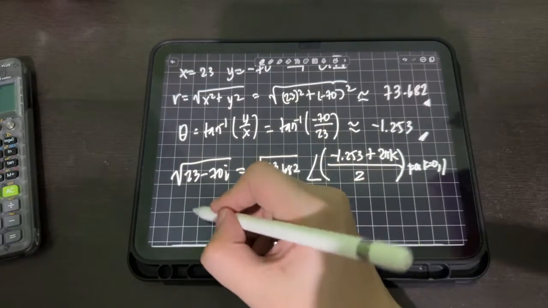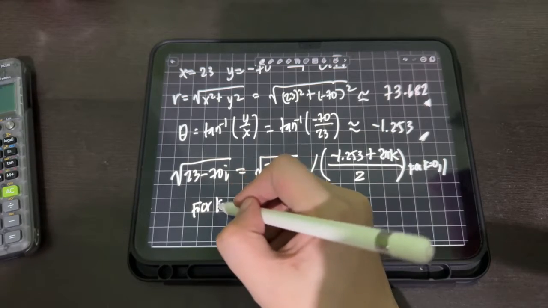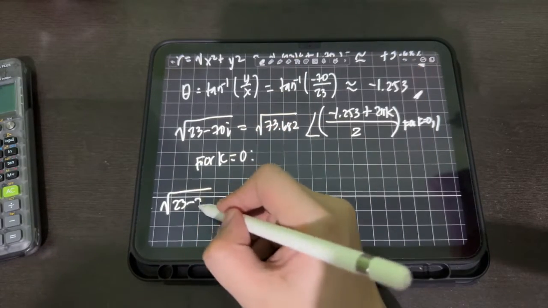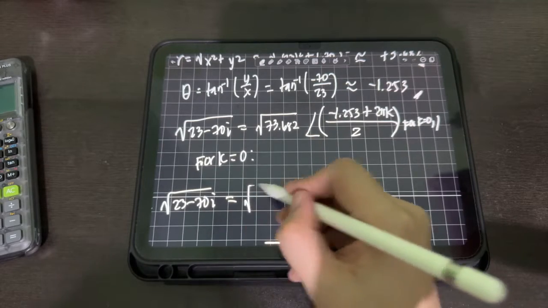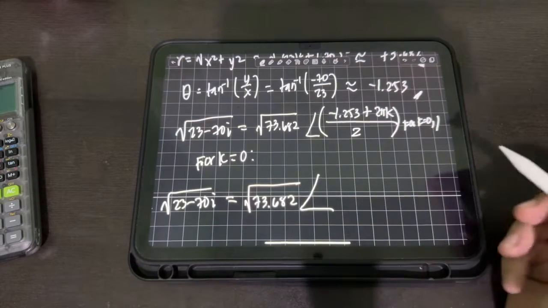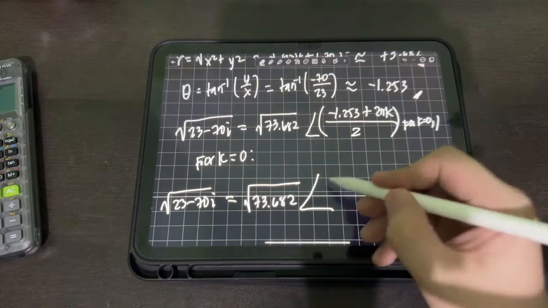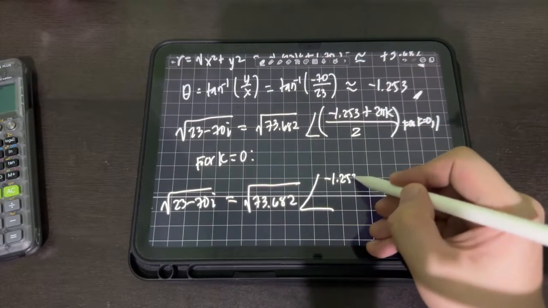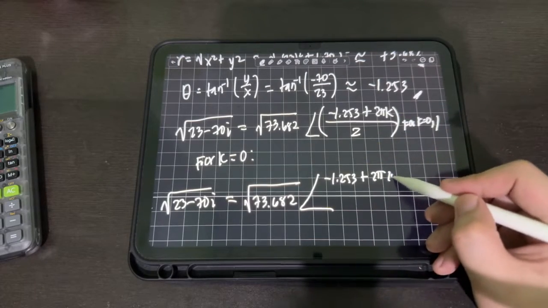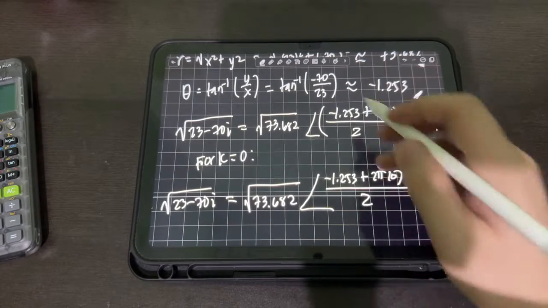So let's start with k equal to 0. The square root of 23 minus 70i is the square root of 73.682 angle of negative 1.253 plus 2 pi k, substituting 0, over 2.